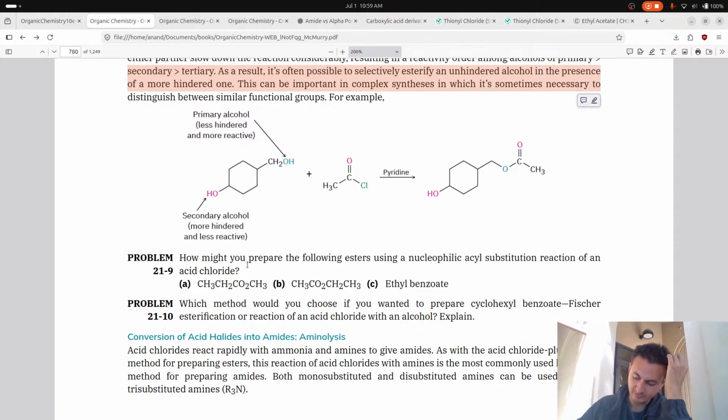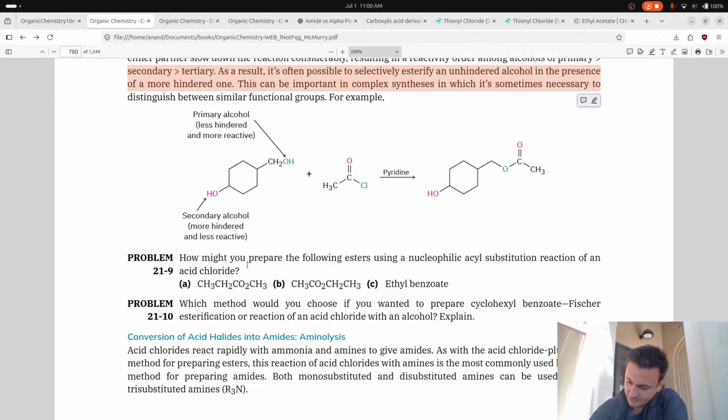Or no, wait, we're going to start with benzoyl chloride. Okay, so then benzoyl chloride reacted with ethanol.